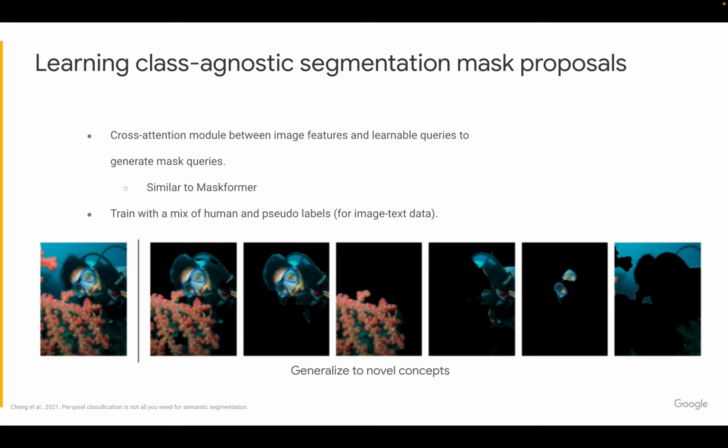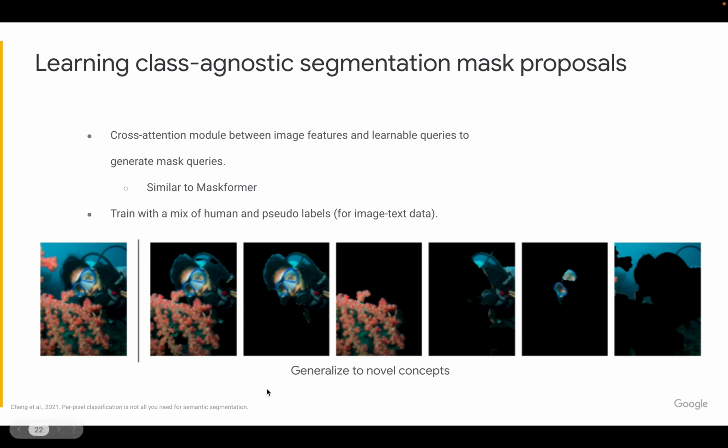And this approach is pretty similar to MaskFormer. Since we also train on image text data which do not have the segmentation annotation, we first generate pseudo-labels for these images without the segmentation annotations.